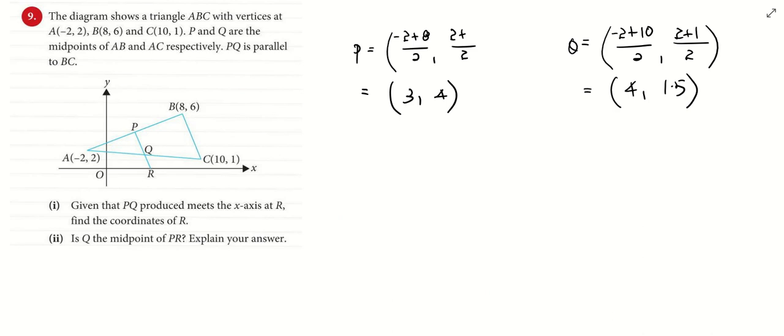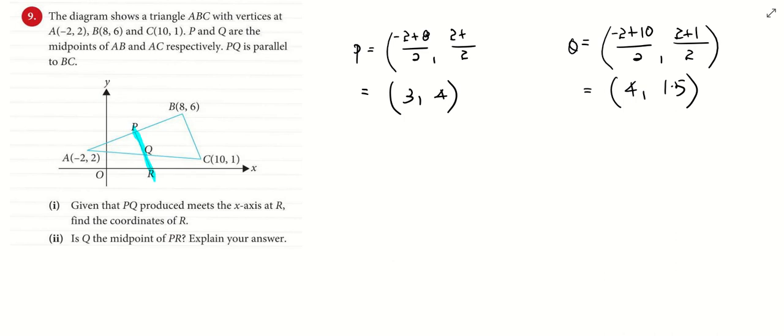Now I'm going to show a second method. Some of you may see it as, oh, teacher, the line PQ is extended to meet the x-axis at R, so all three points, P, Q, and R, are collinear. This means that I can make use of the fact that they have the same gradient.